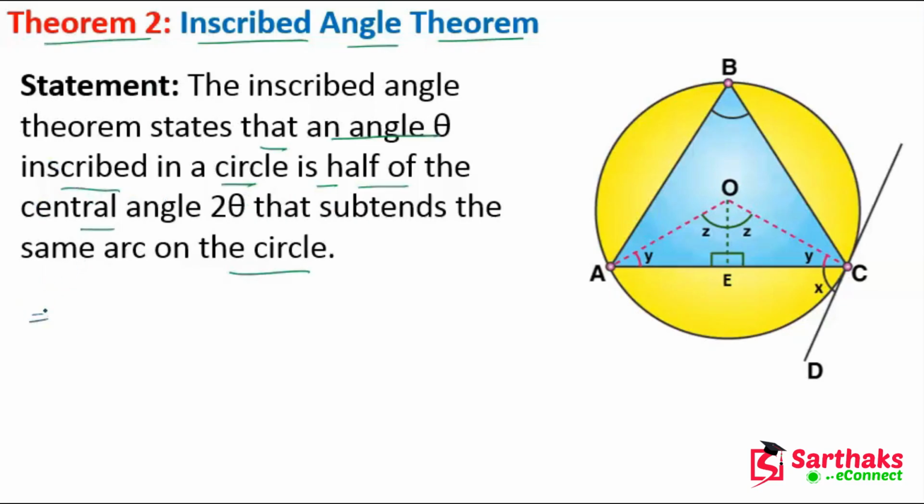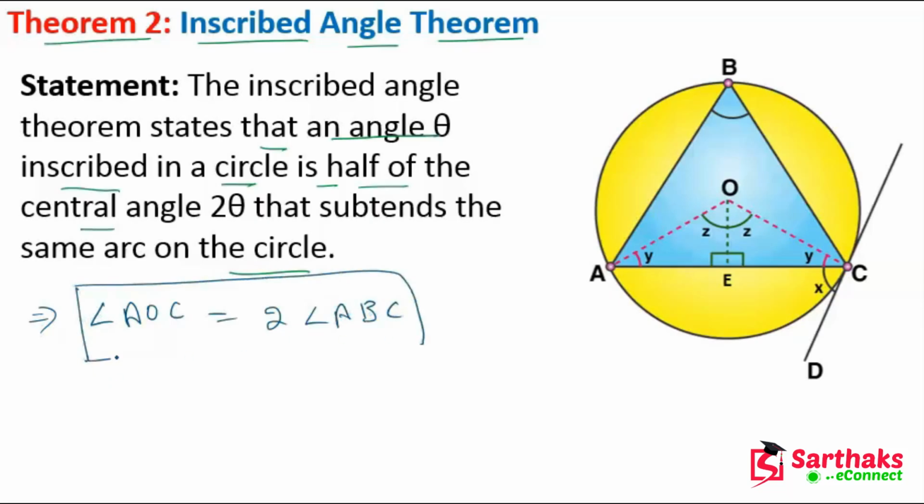So according to this statement, in this circle and in this triangle, we can say that angle AOC is equal to twice angle ABC. I hope you get this point.